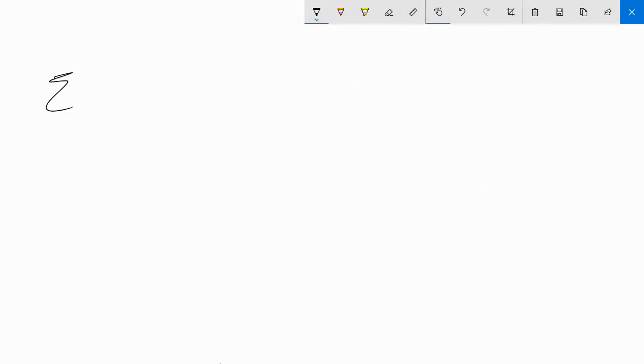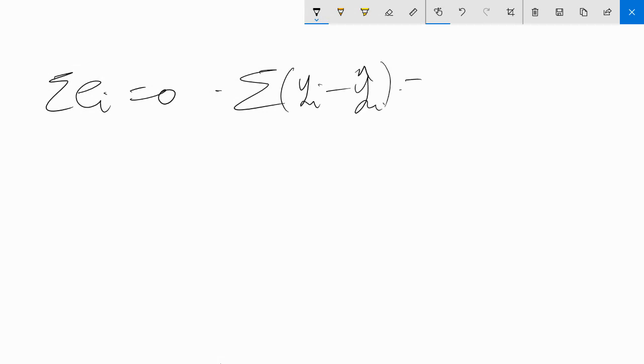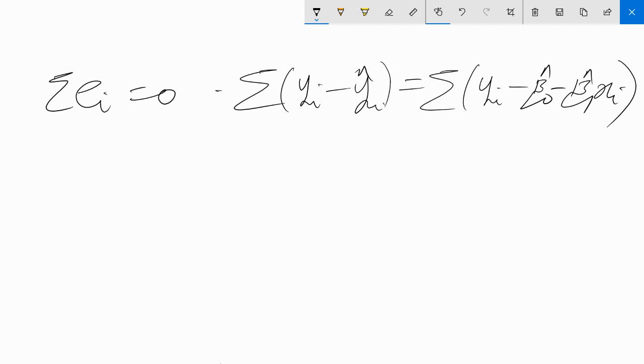So we want to show that the sum of the errors is equal to 0. What we know is that the error is yi minus yi hat. And what is yi hat? Yi hat is beta 0 hat plus beta 1 hat xi, so with the negative we'll have negative beta 1 hat xi. We want to move from here until we get 0.